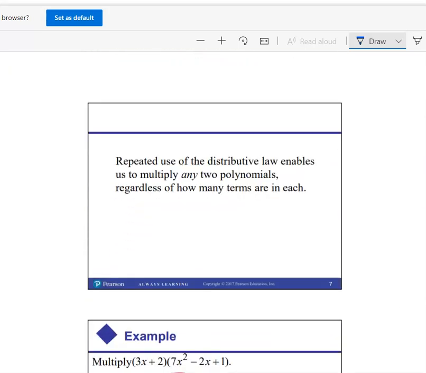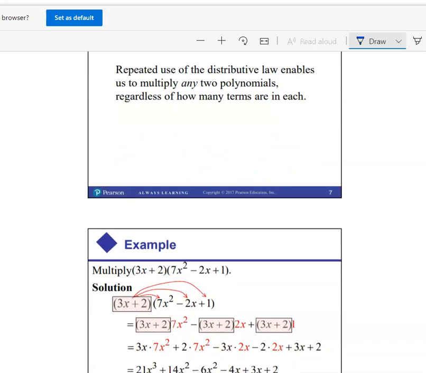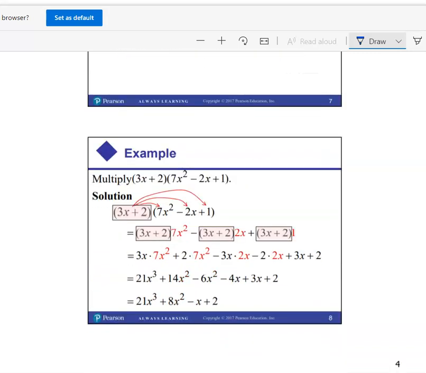Repeated use of the distributive law enables us to multiply any two polynomials, regardless of how many terms are in each. So if we want to multiply 3x plus 2 times 7x squared minus 2x plus 1, then what we need to do is take that 3x plus 2 and multiply it by 7x squared, then multiply it by negative 2x, then multiply it by positive 1.